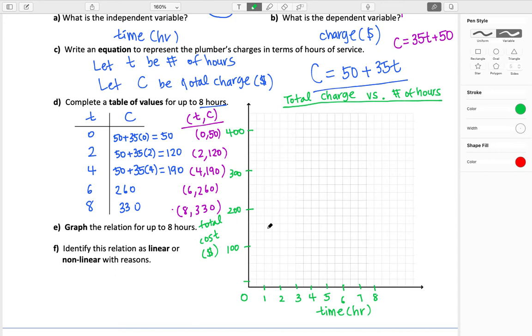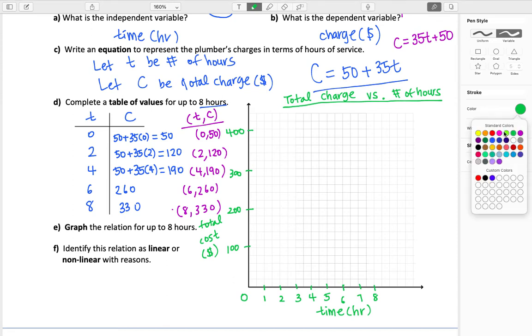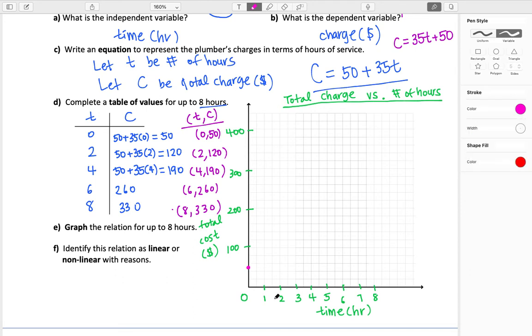Okay, so you want to space it out so that your graph takes up most of the grid, if possible. So I'm going to label the points now, the coordinates. So let's say the first point is 0, 50. So 0, and it's right in the middle. Okay, so it's at 2.5 points.